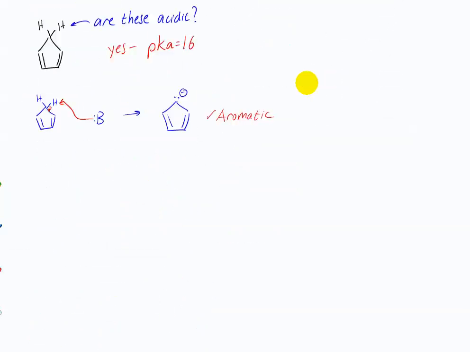Okay, what other kinds of questions can we answer? We can look at things like this. Let's go back to that cycloheptatriene. But let's look at a cycloheptatrienyl bromide.